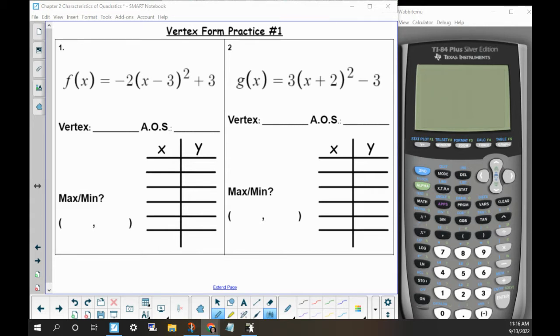A, H, and K. So we know that we're going to need to do A, H, and K. All right. What's my A? My A is negative 2. You guys should be writing this down too.